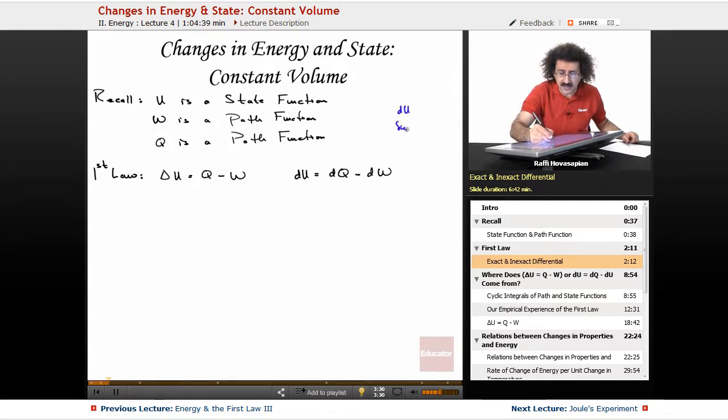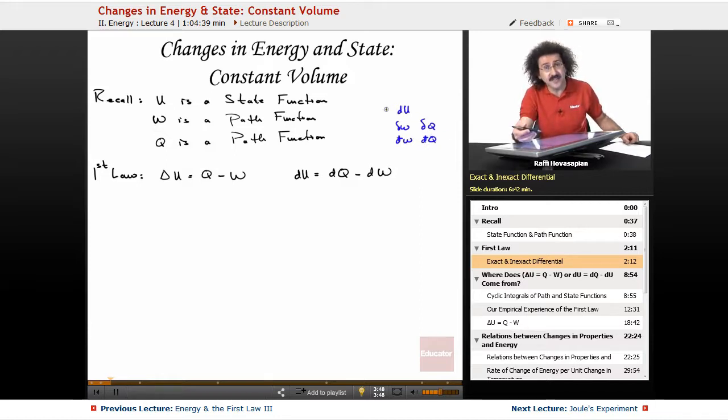You'll often see something like δw, the small Greek delta, and δq, or you'll see d with a line through it for dw and dq. This lets us know that these are path functions. More specifically, from a mathematical point of view, they're inexact differentials. So a state function is an exact differential, and a path function is an inexact differential. And we'll be talking more about what we mean by exact and inexact, and the properties of exact and inexact differentials. I myself don't like to differentiate, because I believe, in physical chemistry and thermodynamics, there is already just an abundance of symbolism as it is.